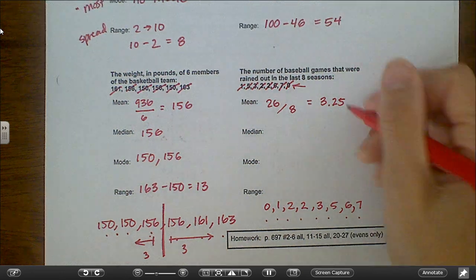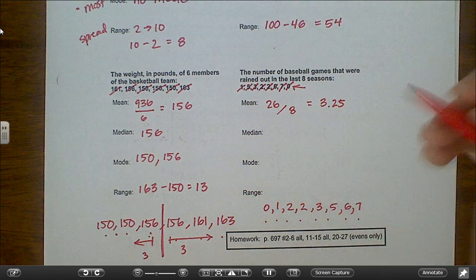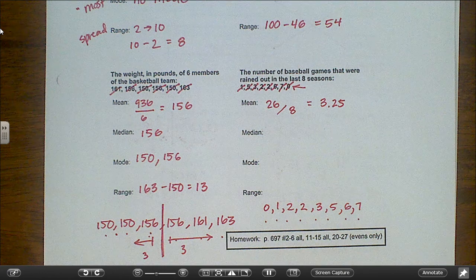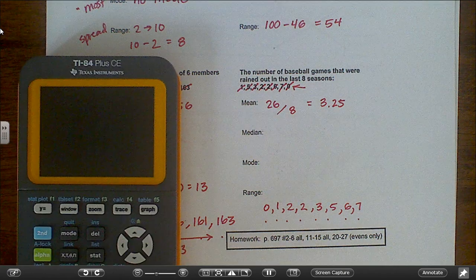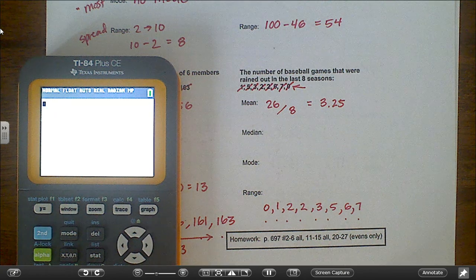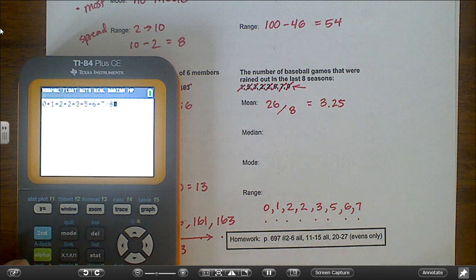One thing I do want to point out, if you're putting this all in your calculator, you have to add these together first. So if I just put 0 plus 1 plus 2 plus 2 plus 3 plus 5 plus 6 plus 7 divided by 8, I get 19.875.